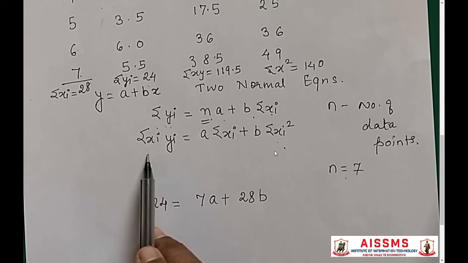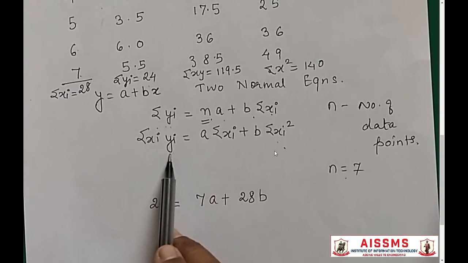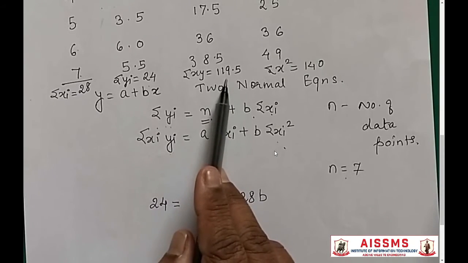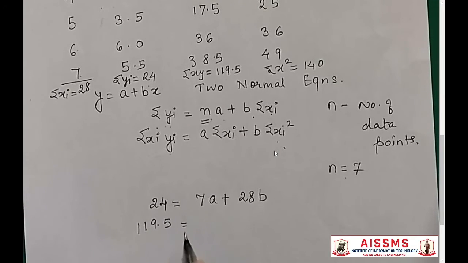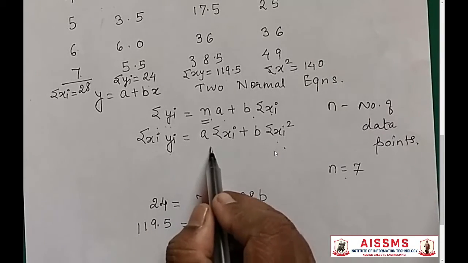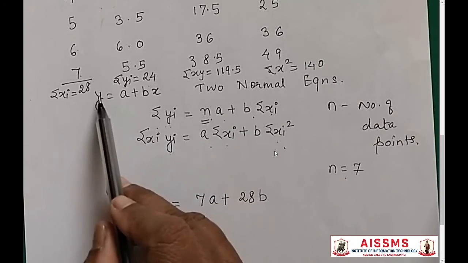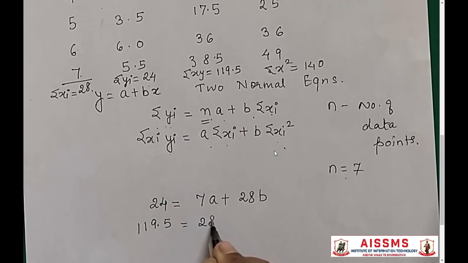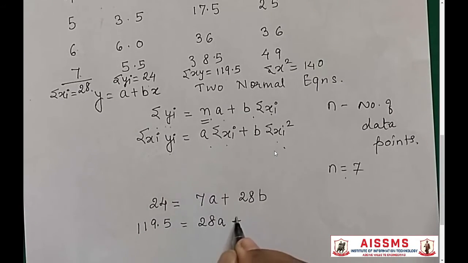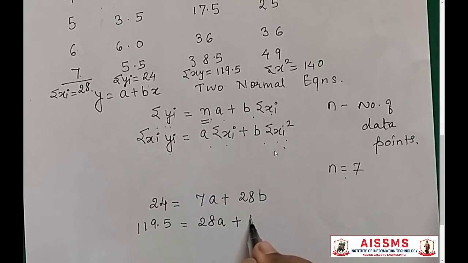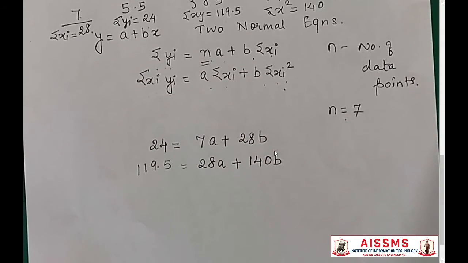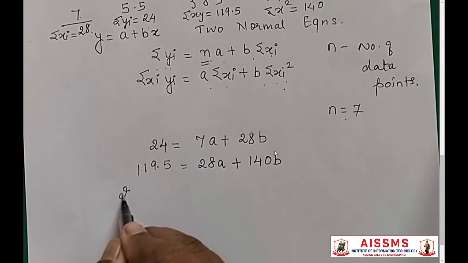The second equation is summation of xi yi, which is 119.5, is equal to a into summation of xi, which is 28, so 28a plus b into summation of xi square, so 140b.